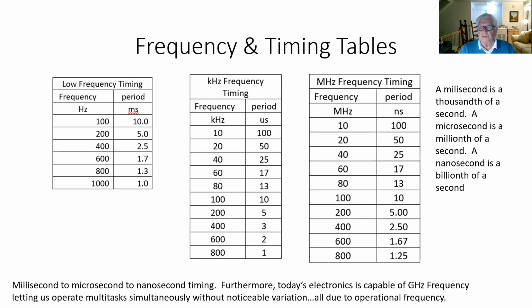So at 10 megahertz, the period is 100 nanoseconds, all the way up to 800 megahertz, where things occur at 1.25 billionths of a second time intervals.